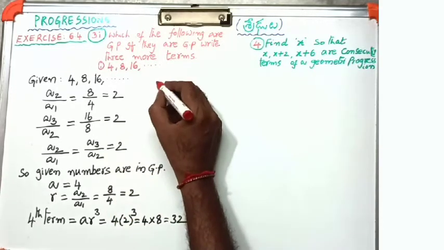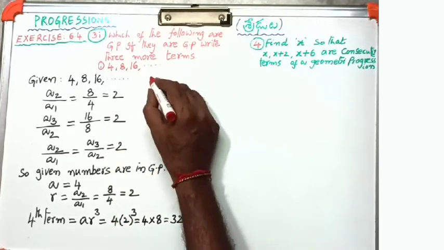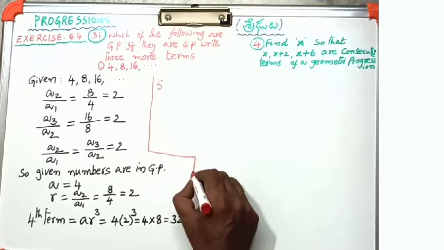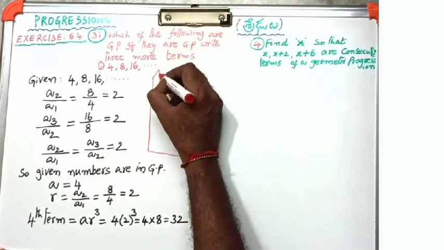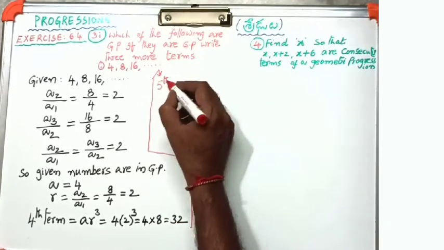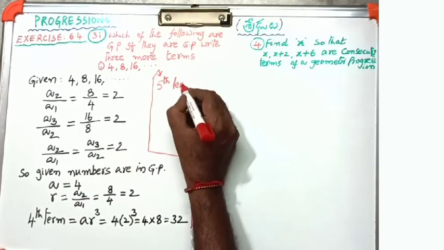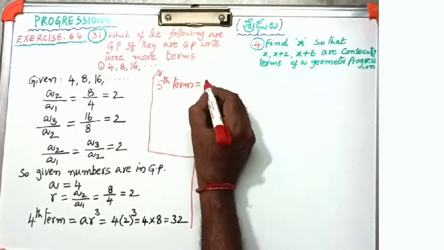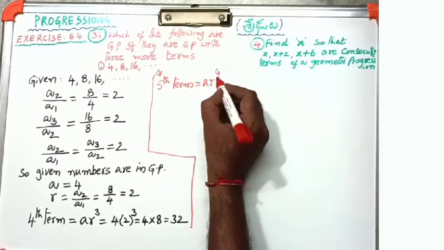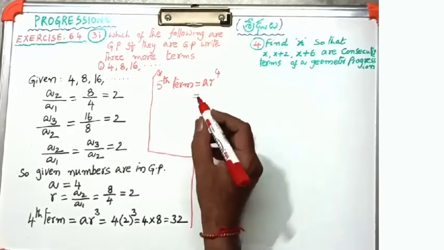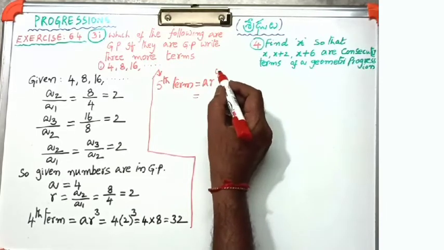So fifth term is equal to AR to the power of 4. Now we have to substitute A and R values in this formula.